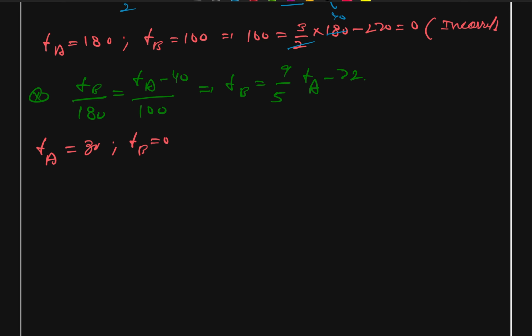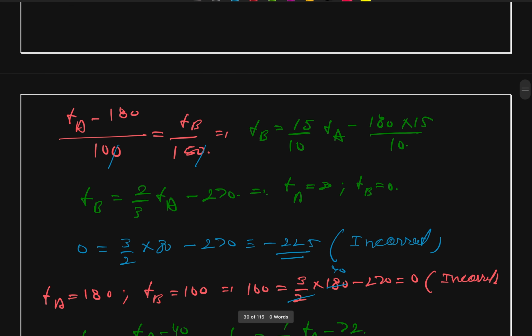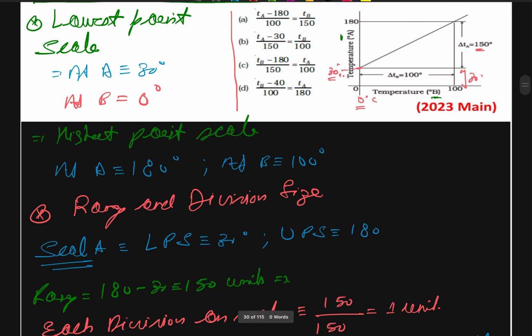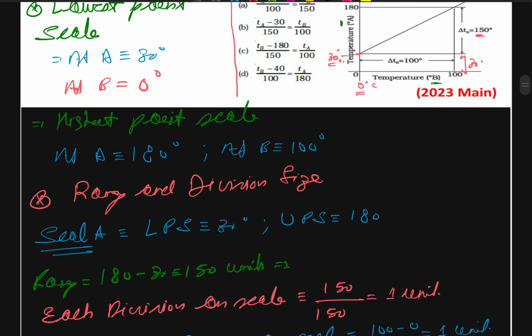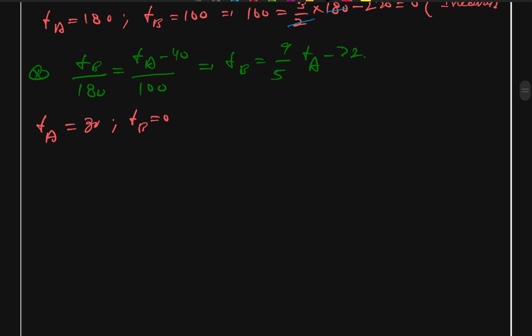TA is 30 and TB is 0. One second, I think I wrote it incorrectly. It is TA by 180. So this is TA and this is TB.